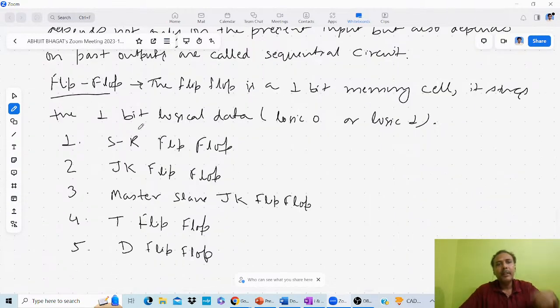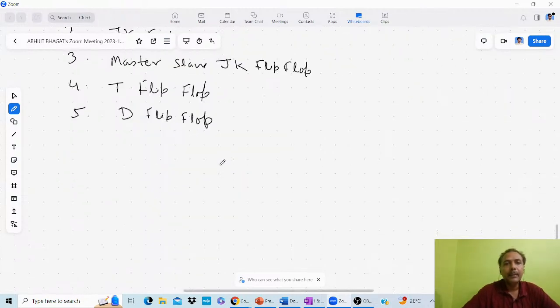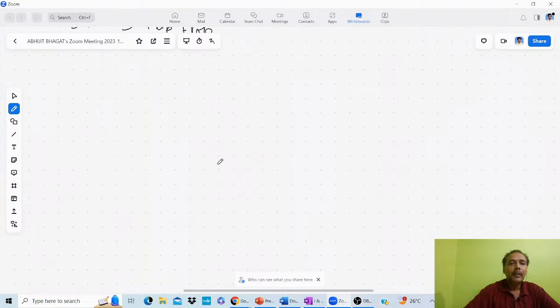So all these flip-flops, SR flip-flop, JK flip-flop, master slave JK flip-flop, T flip-flop, and D flip-flop, come under sequential logic circuits. I will discuss all these flip-flops in detail later on, but before that, we will discuss the latches.